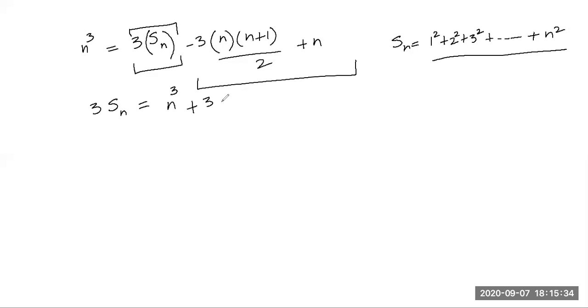Now please multiply this. So it will be 3n square, right? 3 into n square plus what? Please tell me, Ishma. 3n square plus 3n divided by 2. Is it right? Yes, sir.